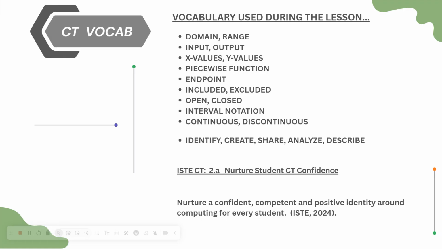For computational thinking, we're talking about identifying, creating, sharing, analyzing, describing. Those things are going to all happen in this lesson. So I think it's really important to nurture a confident, competent, and positive identity around computing for every student. Learning the vocabulary builds confidence, builds understanding, and builds ability to understand or know what we're going to do and how we're going to solve or simplify or proceed with identifying, creating, sharing, analyzing, or describing what is asked. So that's why I chose 2.8 as my standard.